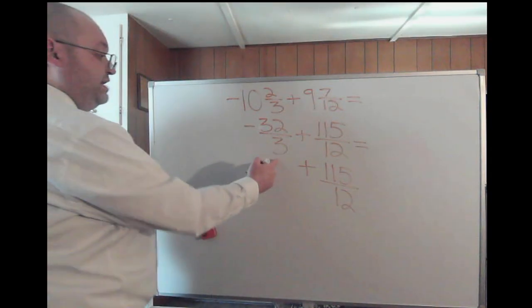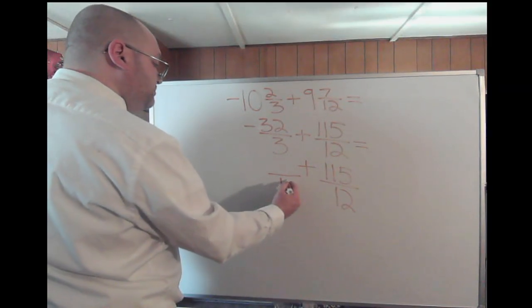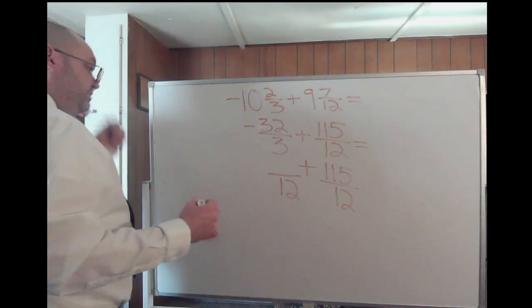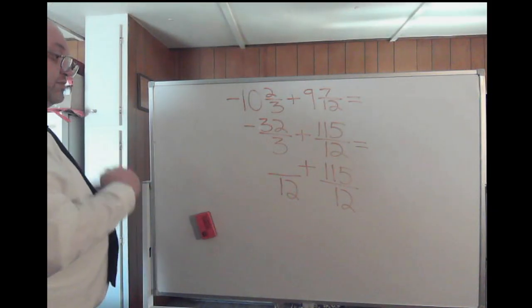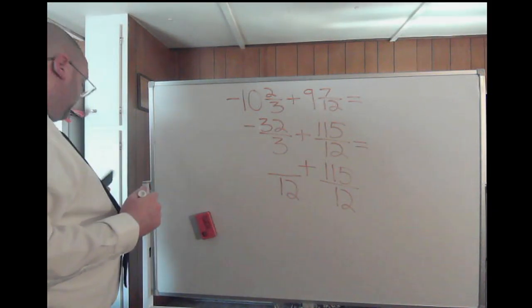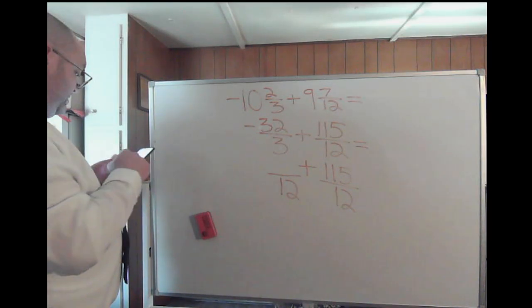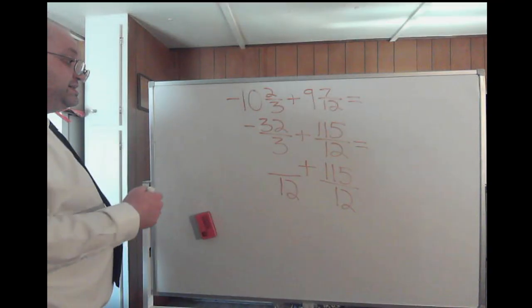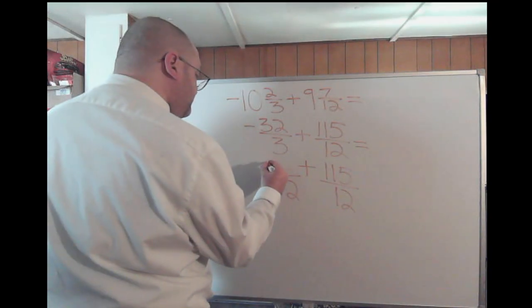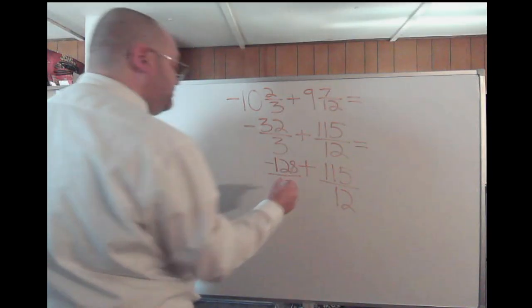But that denominator of 3, in order to convert that into a 12, we got to multiply by 4. That means we need to multiply negative 32 times 4, since we did that to the denominator. So let's go ahead and do that real quick. 32 times 4, 128. So you'll have negative 128 over 12.